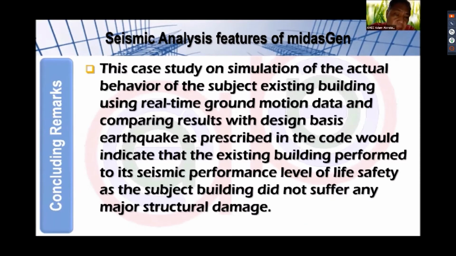So as a concluding remark, this case study on simulation of the actual behavior of the subject existing building using real-time ground motion data, and comparing results with the design basis earthquake as prescribed in the code, would indicate that the existing building performed to its seismic performance level of safety, as the subject building did not suffer any major structural damage.